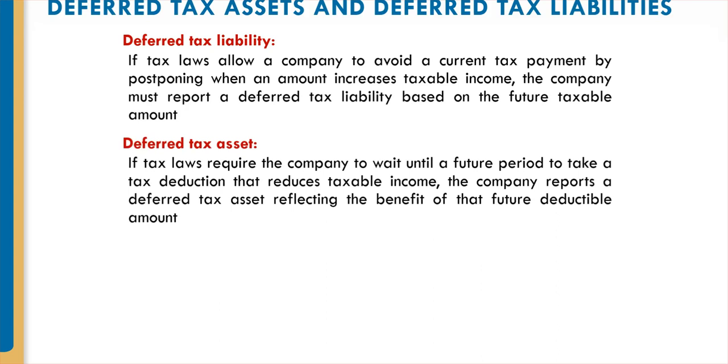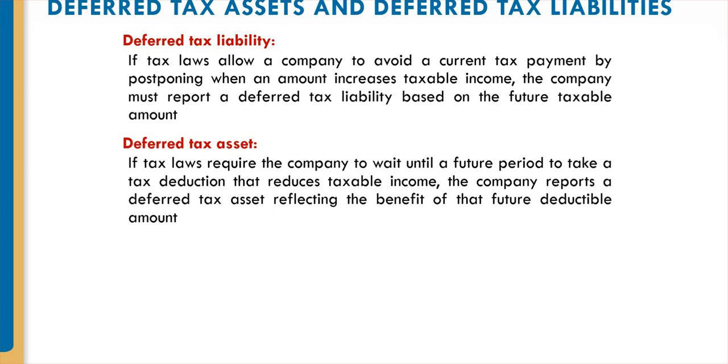And these deferred tax liabilities and deferred tax assets have a starting point. The starting point is when you come to the knowledge that your net income and the net income for tax purposes, your taxable income, are different. When that happens, you have to ask, do I have a deferred tax asset or a deferred tax liability?